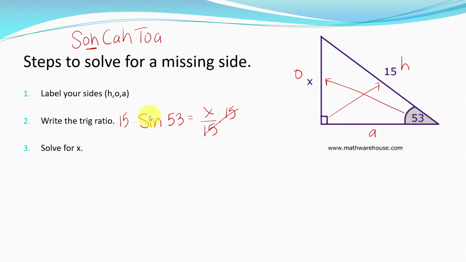On the school calculators, you're going to want to enter 53, then hit the sine button, and then times 15. Most likely on your phone calculator, it's going to be the sine button, then 53, then times 15, or you can put it straight in order.